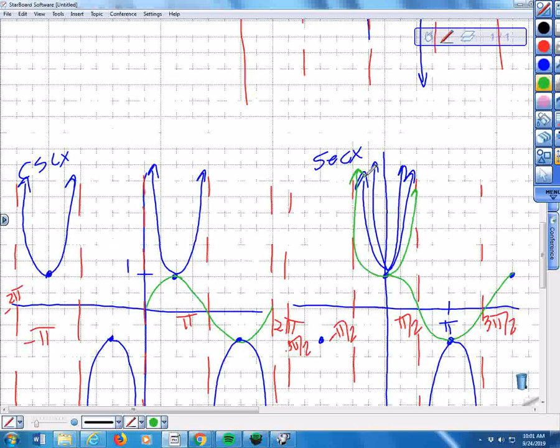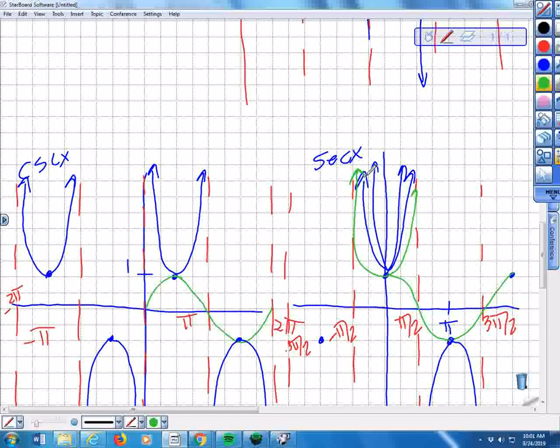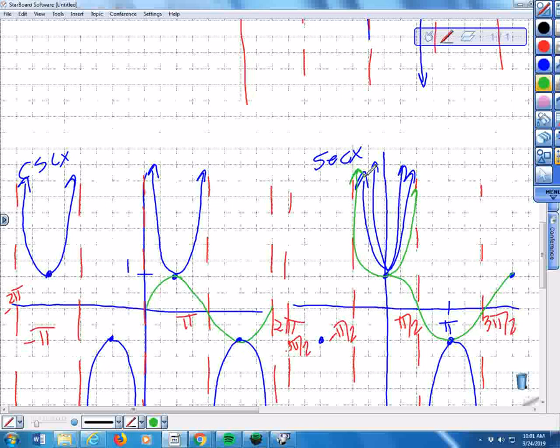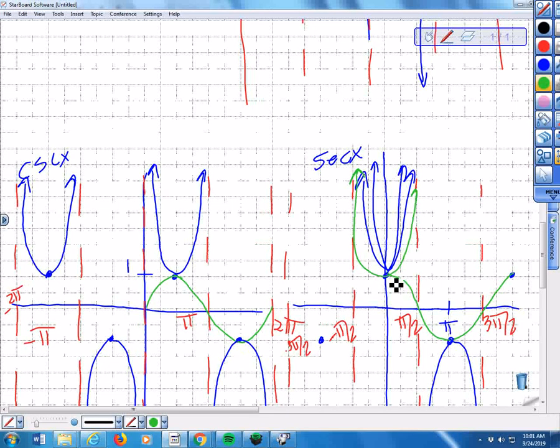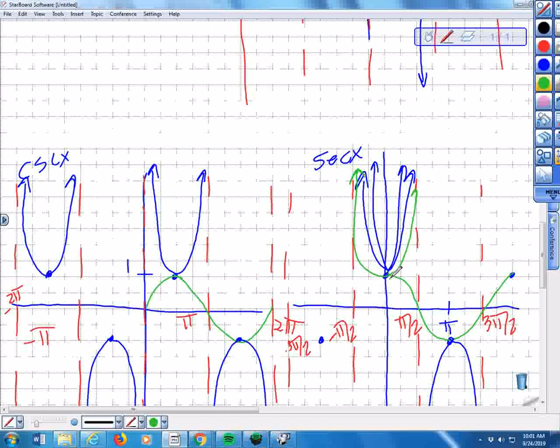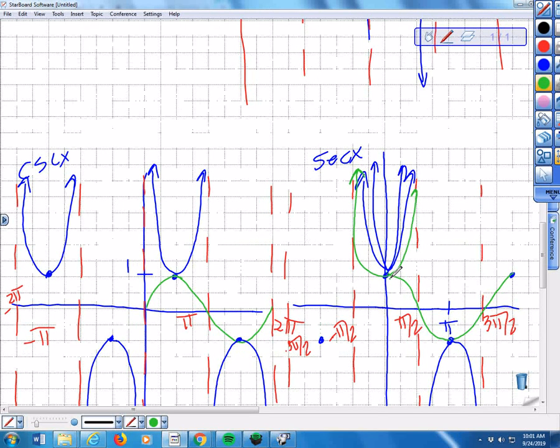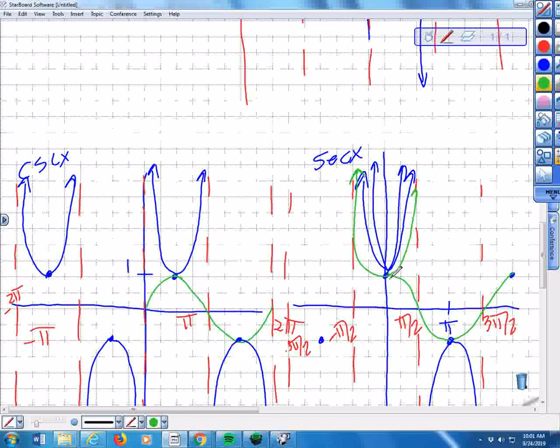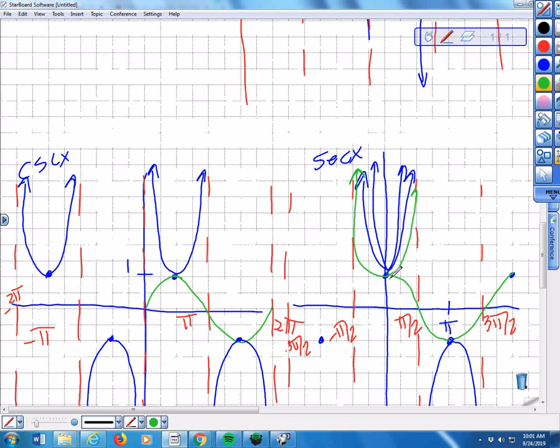Normally on web work, you're not going to be asked to guess what that amplitude is because you really have no frame of reference, especially because they're all starting at 1. If it's a line, you can kind of see the stretch, but when it's like this, you can't. So normally, you're not going to be asked to do transformations with amplitude. It's going to be more phase shifts, translations up or down, and then the period.